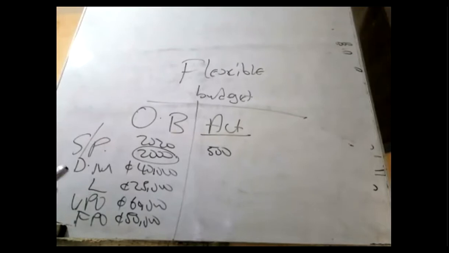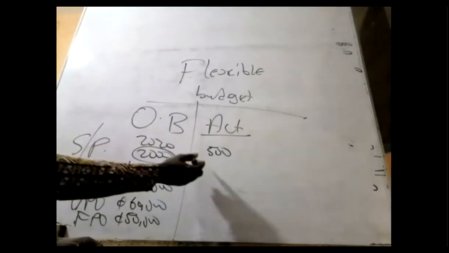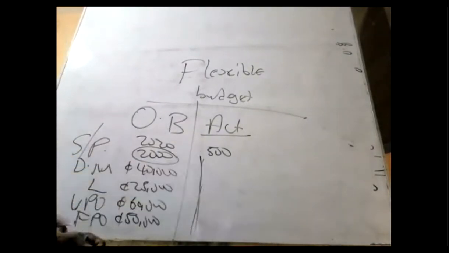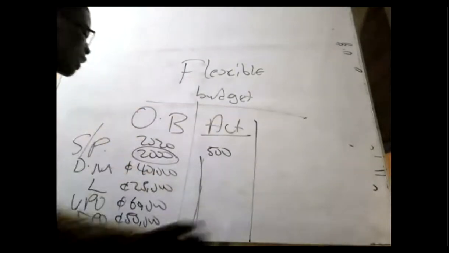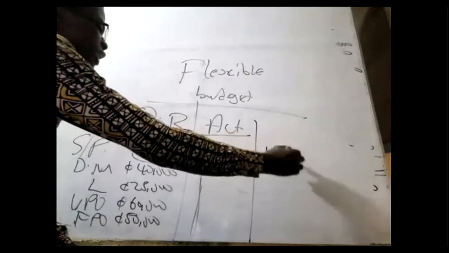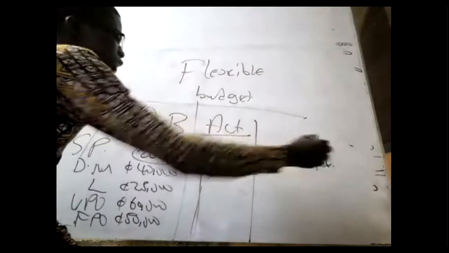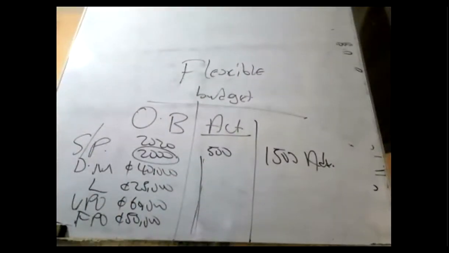What happened is this. The costs are here. If we don't reflect the current situation in our budgets, we might assume wrongly. We might tell the examiner that there's a variance of 1,500 adverse. This is very crucial.